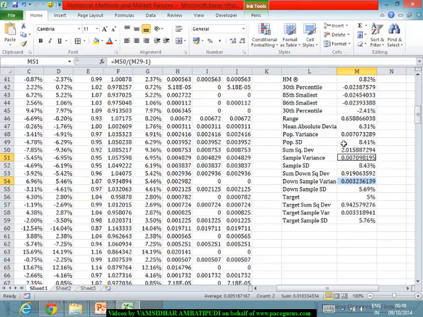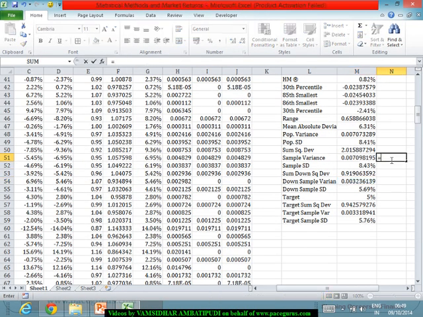So when I am looking at the semi-variance, it is the variance divided by 2, which says the semi-variance is the downward sample variance. Let me call it semi-variance and semi-standard deviation itself.